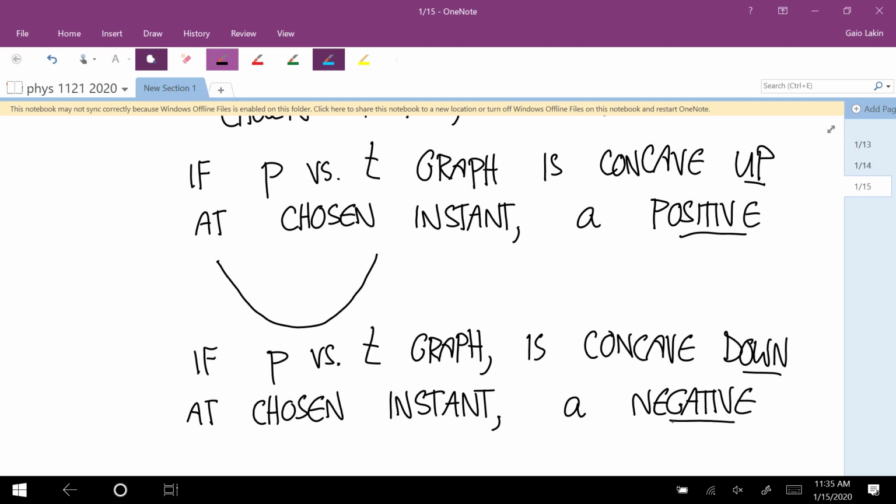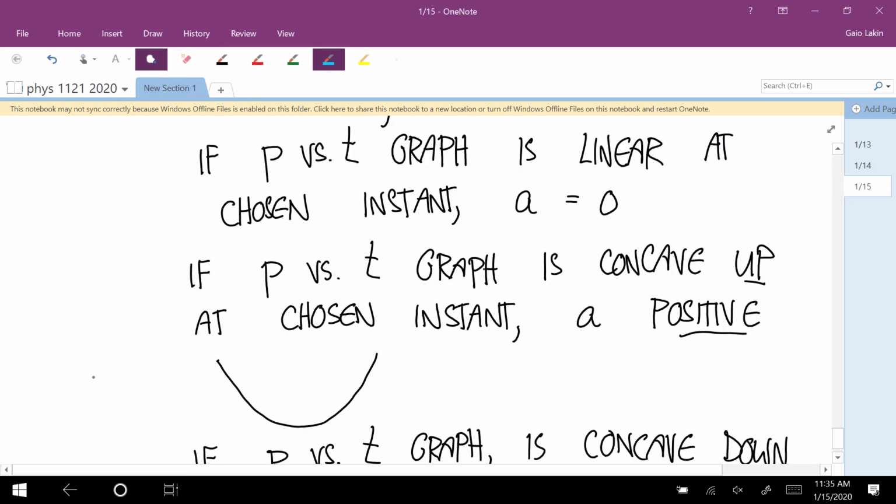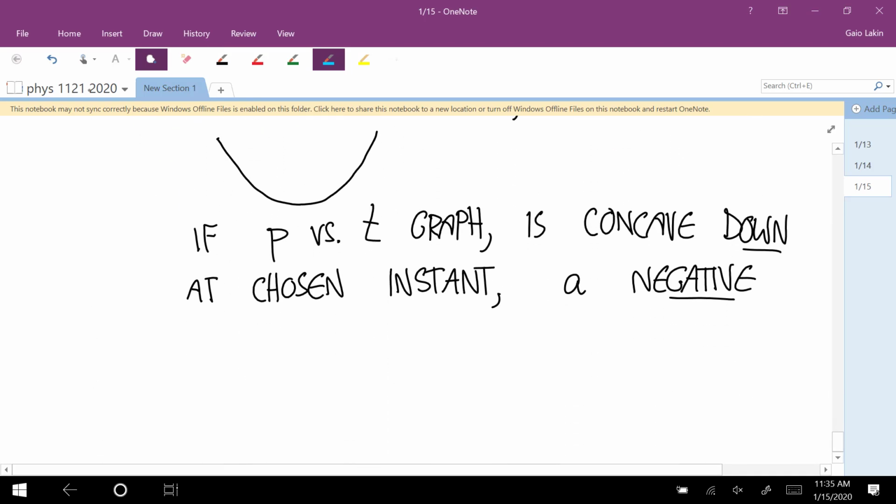Okay, so now what does acceleration tell you physically? When we talked about velocity, if the velocity is positive, it means the object at that instant is moving in the positive direction. If it's negative, the object's moving in the negative direction. What does it tell you if you have positive or negative acceleration?